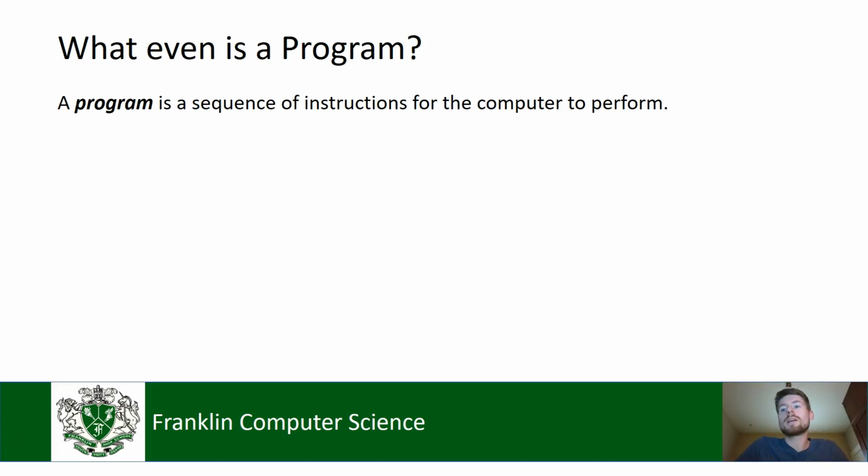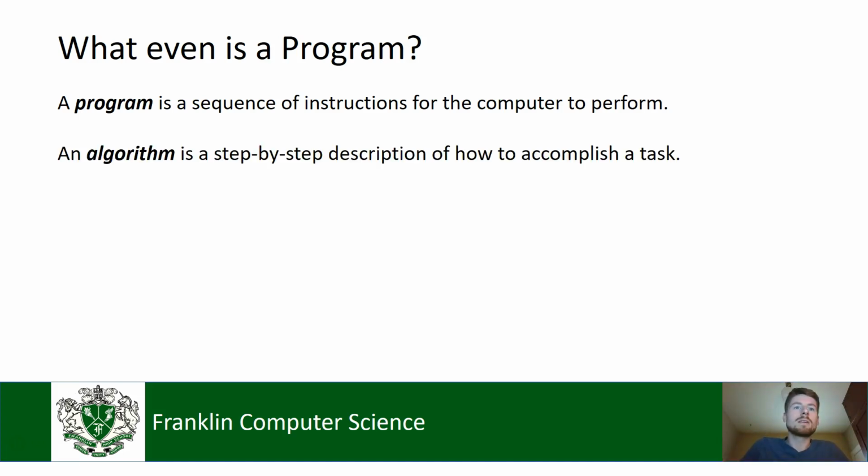So, they're going to run some number of instructions in a particular order, and we'll look at some examples of that a little bit later. When you're writing programs, you really have to take some time thinking about how you can break a problem down into steps. Because a computer can't do a lot of the things that humans can.